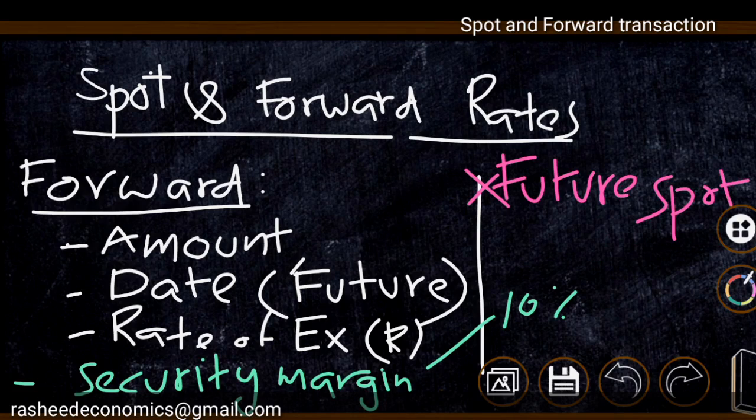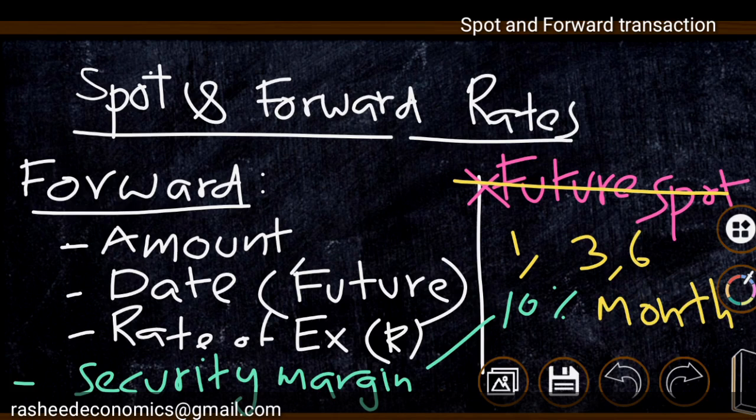That is, the future spot rate has lesser importance. Typical periods of transaction are 1 month, 3 months and 6 months, but the most common type of forward agreement is of 3 months.